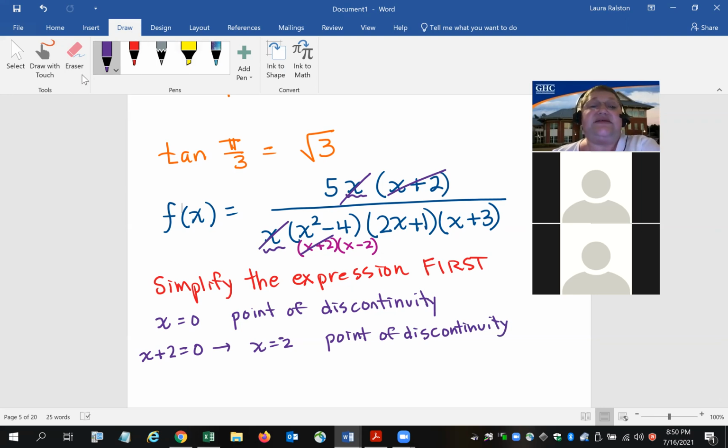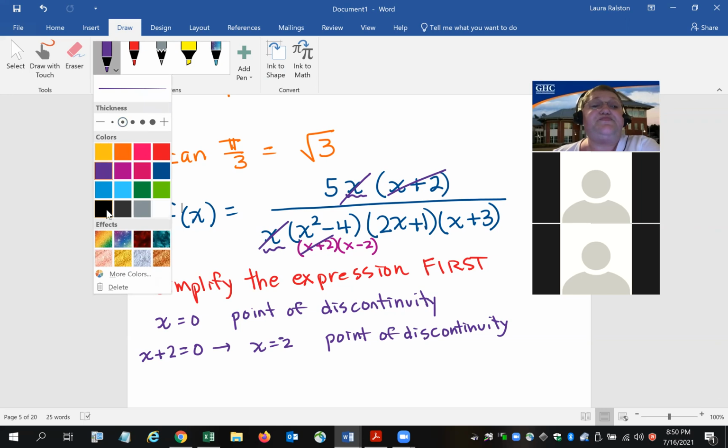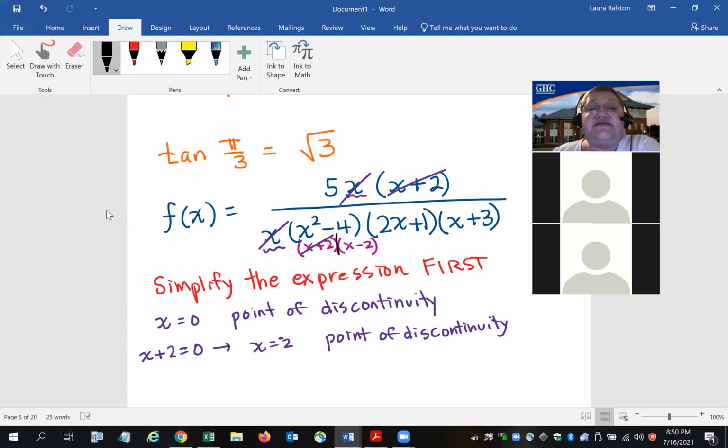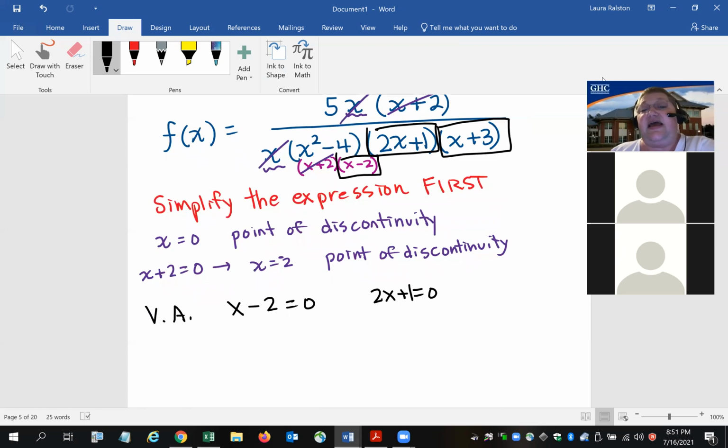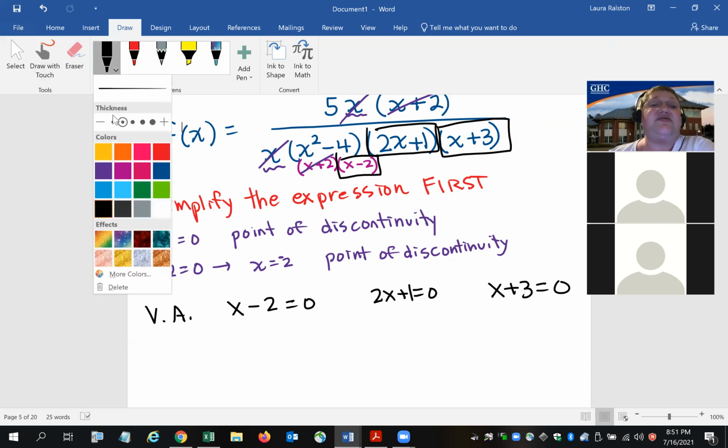The remaining pieces in the denominator, which are x minus 2, 2x plus 1, and x plus 3, are the locations of the vertical asymptotes. So I have a vertical asymptote where x minus 2 equals 0, where 2x plus 1 equals 0, and where x plus 3 equals 0. I solve each for x.